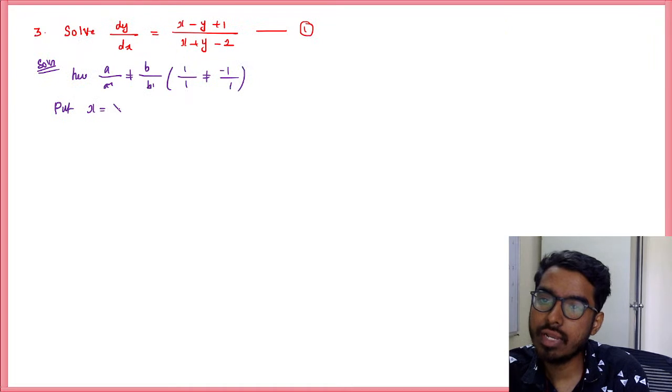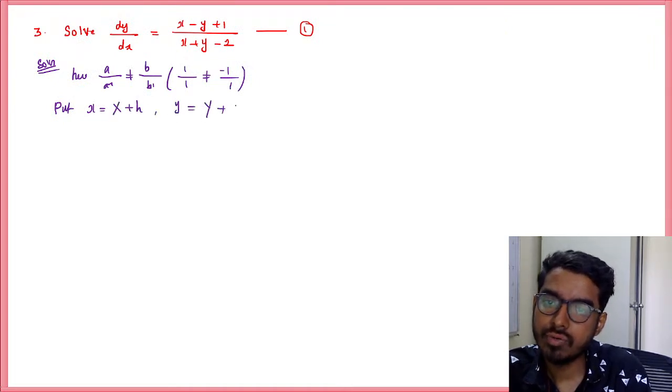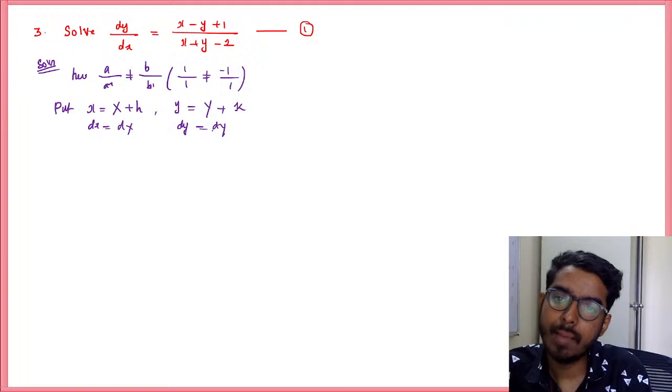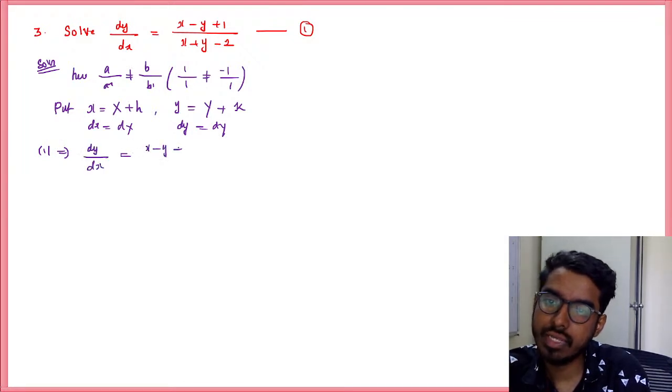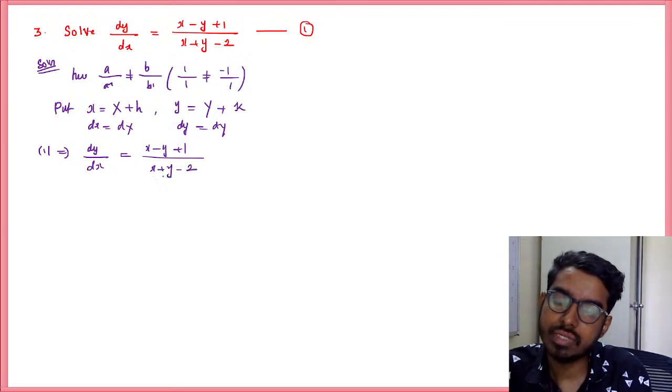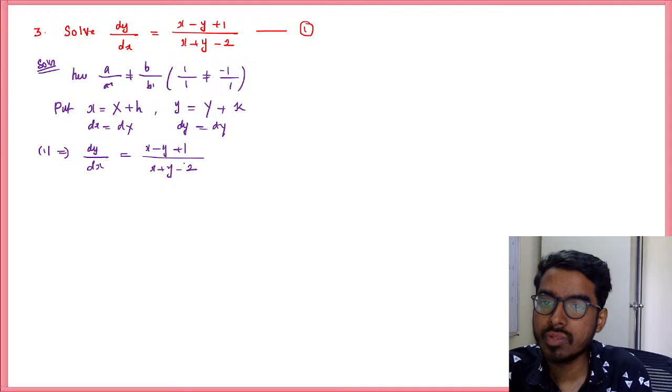So put small x to be equal to capital X plus h, small y to be equal to capital Y plus k. Therefore, dx will be capital dX, dy will be capital dY. Therefore, 1 becomes dy by dx is equal to x minus y plus 1 divided by x plus y minus 2.